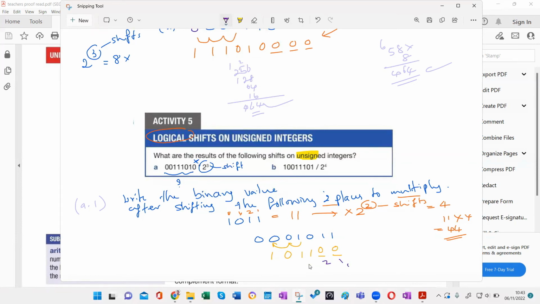This is 1, 2, 4, 8, 16, and, did I get it wrong? 1, 2, 4, 8, 16. 1, 2, 4, 8, 10, 11.